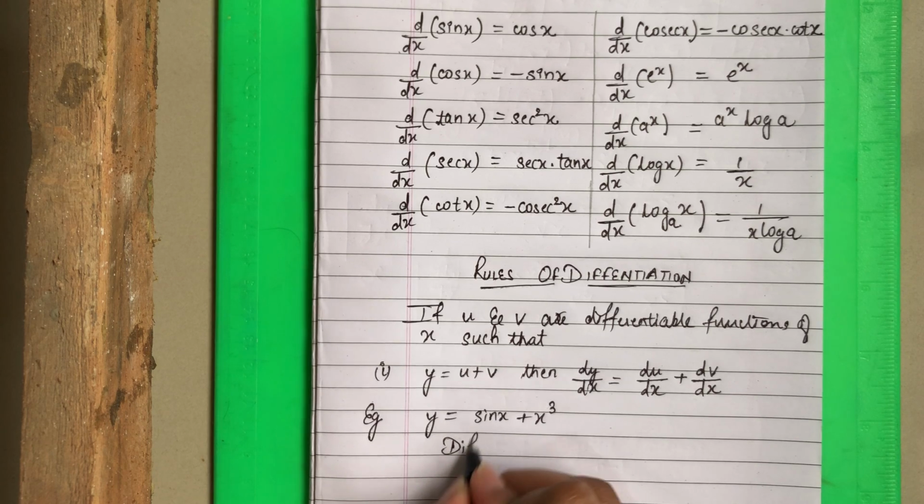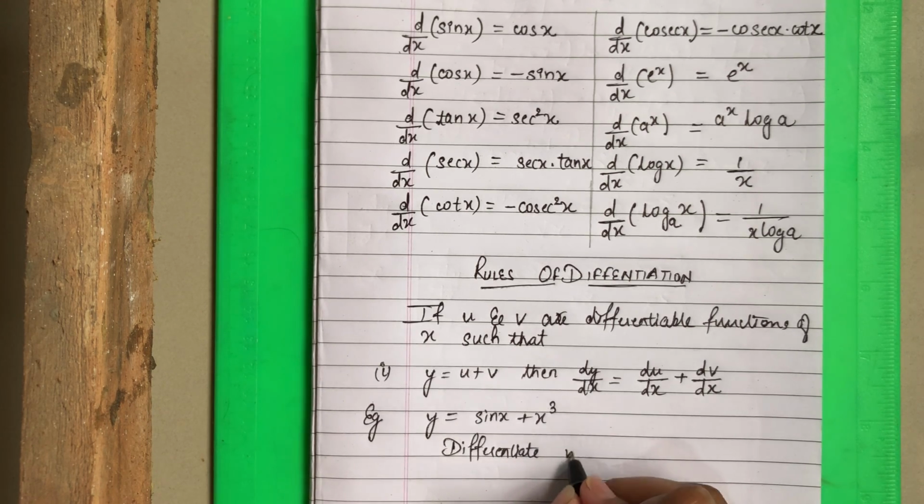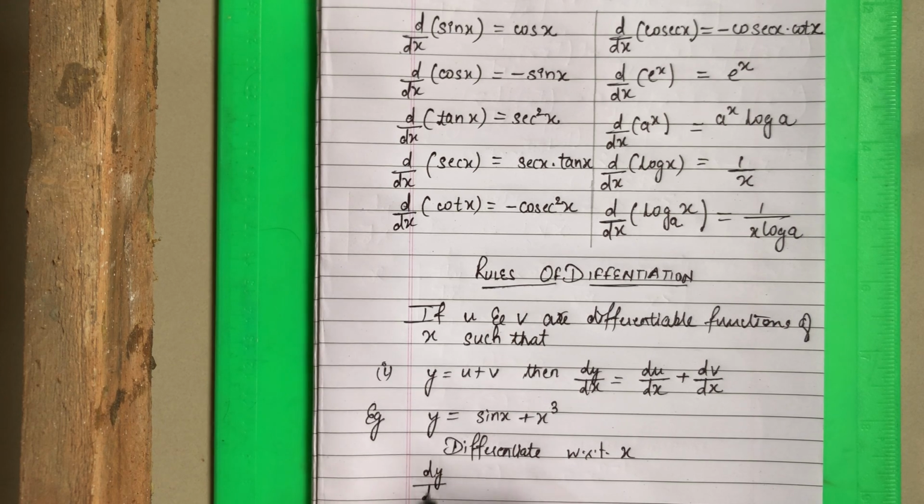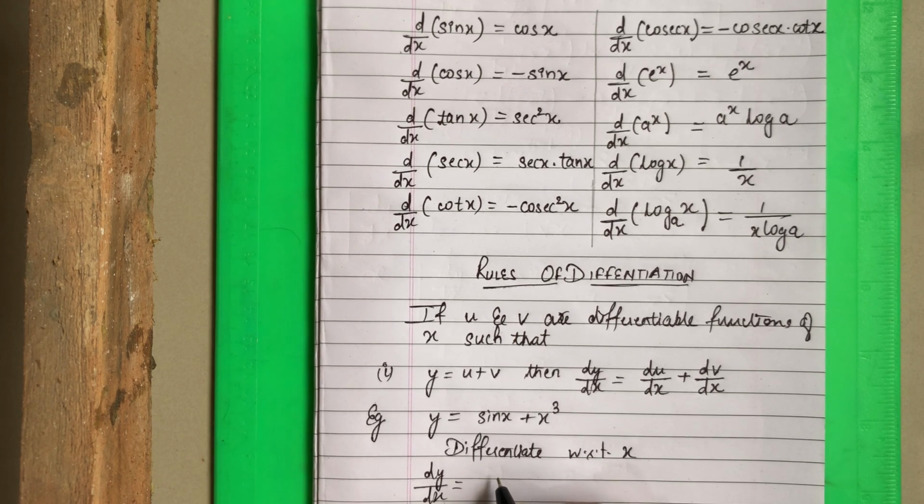So first of all, differentiate with respect to x on both sides. So dy by dx is equal to, as per the given rule, this is given in the form of u plus v. So here u is your sin x and v is your x cube.